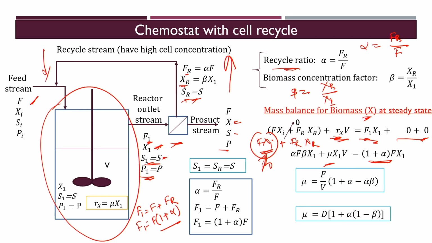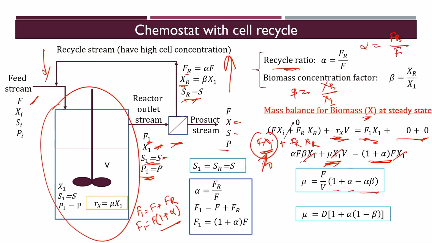Now, if you simplify, X1 will cancel out in all three terms. F upon V is the dilution rate. So, we will get mu equals F upon V times 1 plus alpha minus alpha into beta.